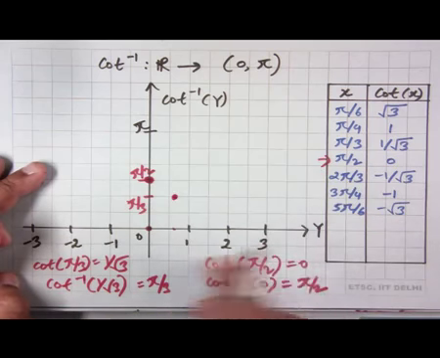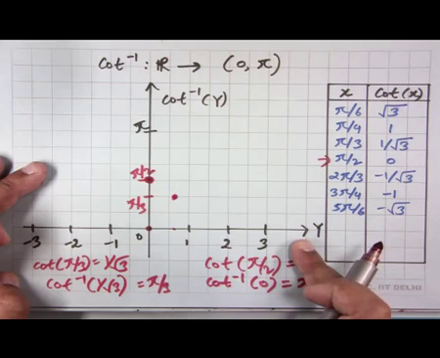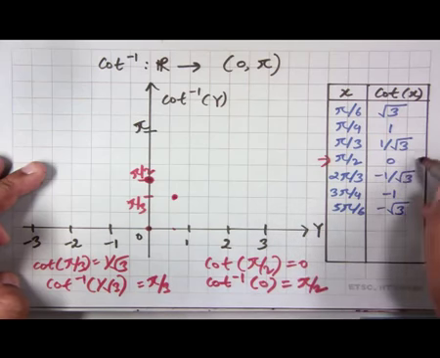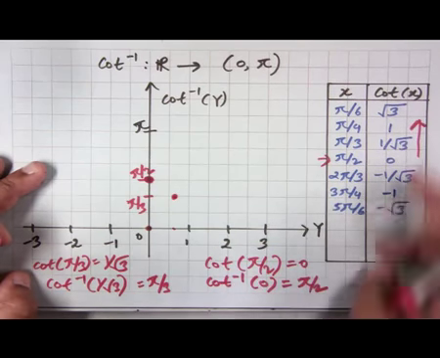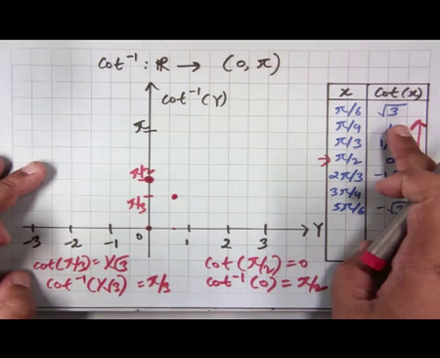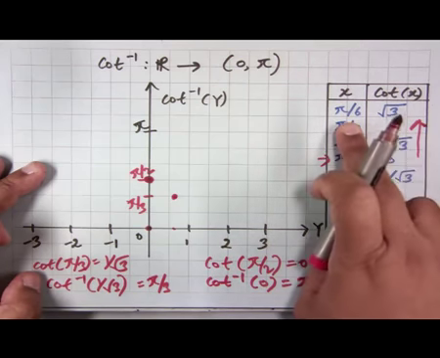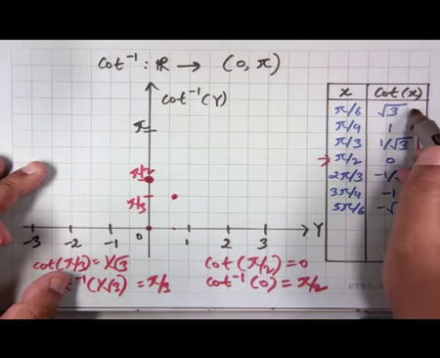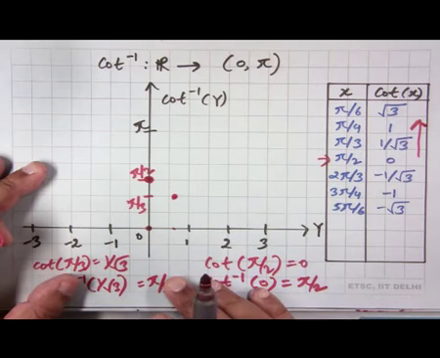And then as we increase y to more positive values, we are going in this direction here. For example, cot inverse of square root of 3 will be pi by 6. As we increase y, what we will see is that cot inverse will decrease and go towards 0.